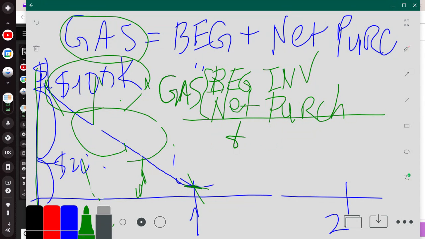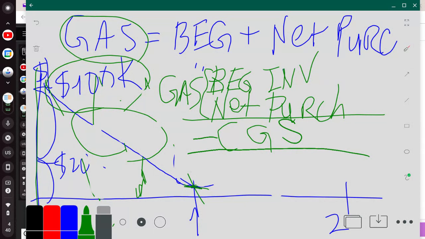So, if ever, what should come next in the income statement below net purchase, it should be CGS, which is the cost side of the sale. Okay, and then after subtracting CGS, think about it.